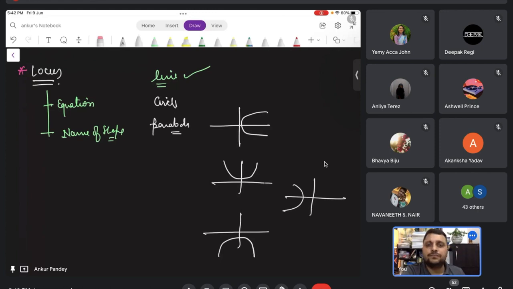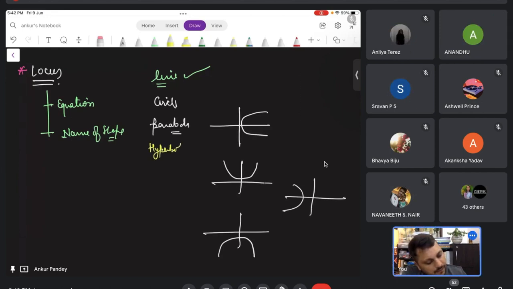Clear? Then comes hyperbola. Are you aware of how a hyperbola looks like? So, double parabola. This is a hyperbola.